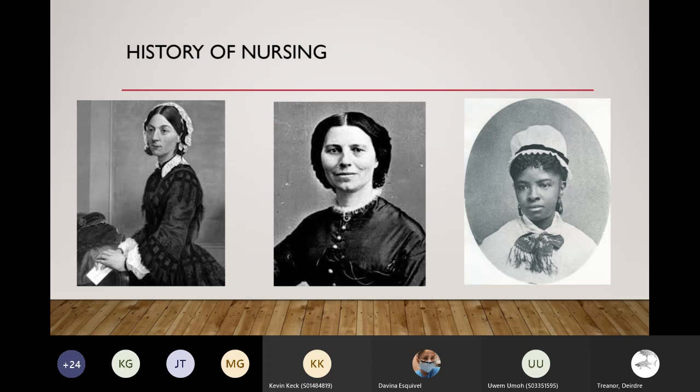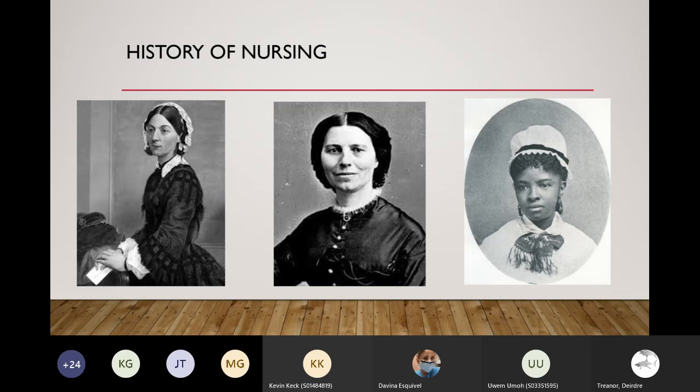And then we have the Civil War to the 20th century. The middle lady there is Clara Barton. She tended to soldiers on the battlefield during the Civil War. This is where the growth of nursing happened. The first ambulance service was created.